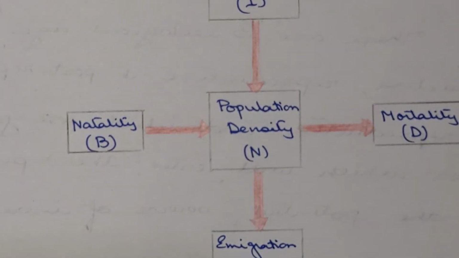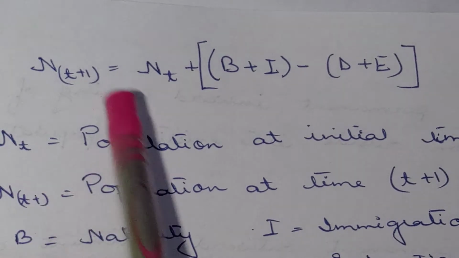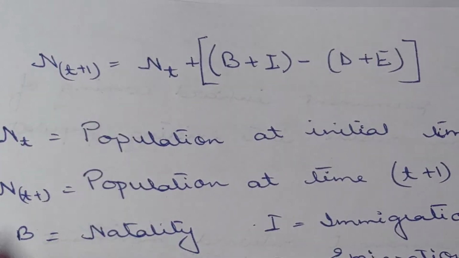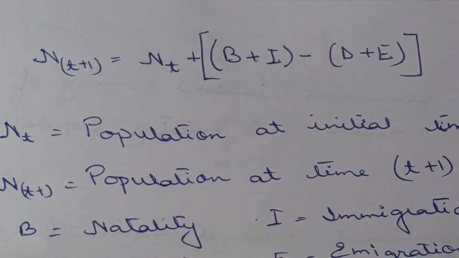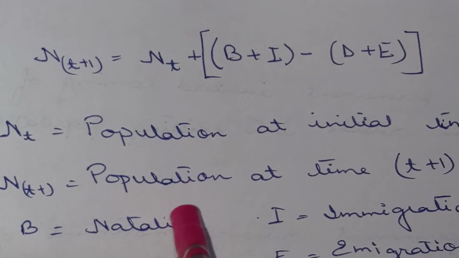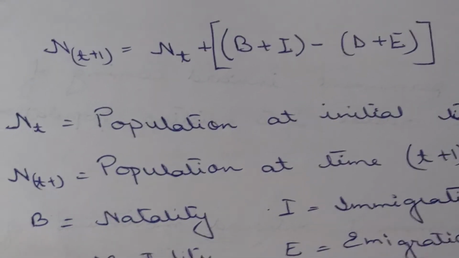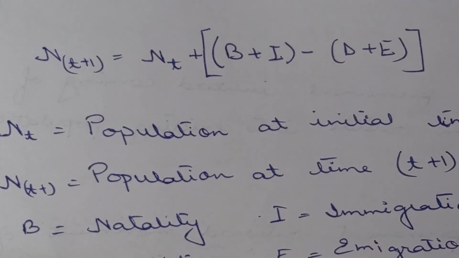Now after this we come to population growth. Population growth means the increase in the size of a population over a particular period of time. It is denoted by Nt+1 = Nt + [(B + I) - (D + E)]. Here Nt+1 is the population at the final time, or at time t+1, and Nt means the population at the initial time.